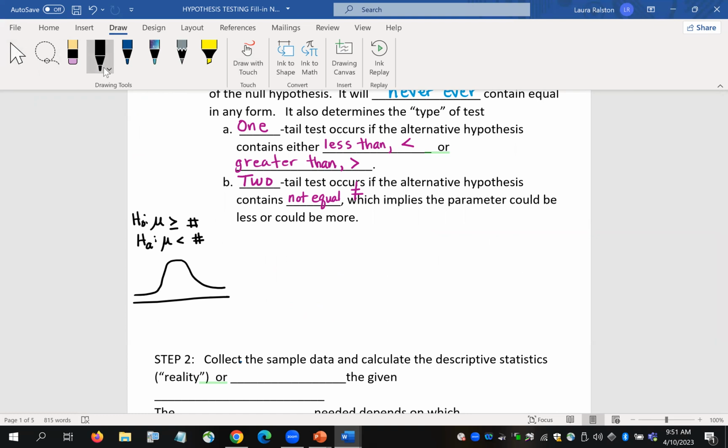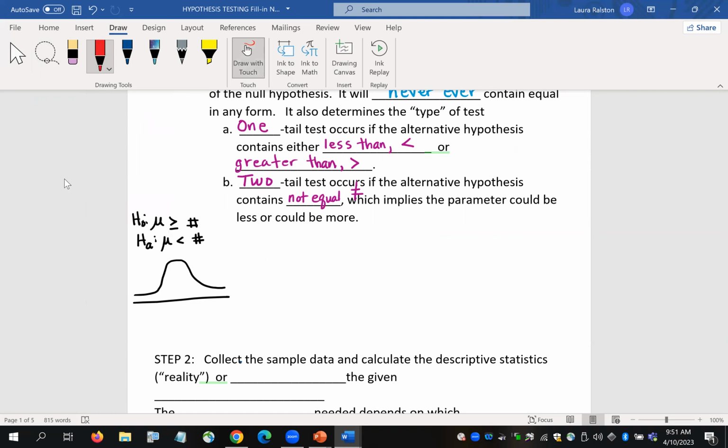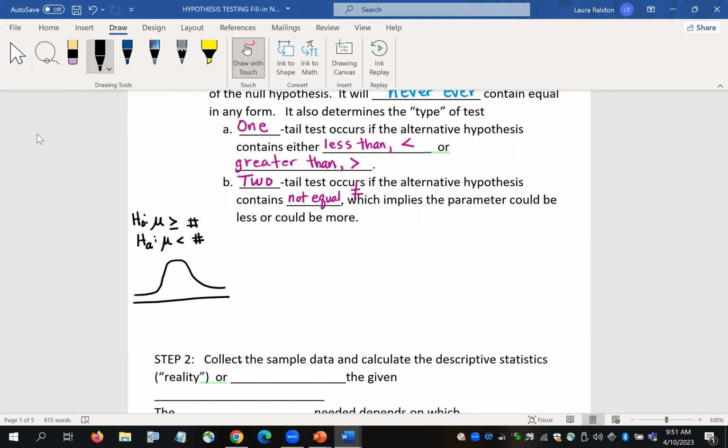Remember with our normal distribution, we would have our mean in the middle, and we're trying to claim that it is less than that. So less than, we would have this region on the left, and the only option is to be less than.